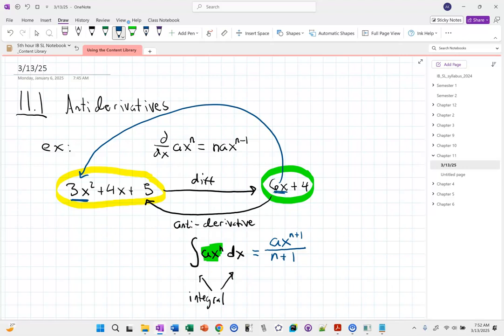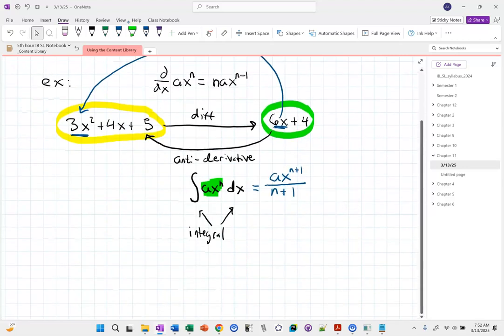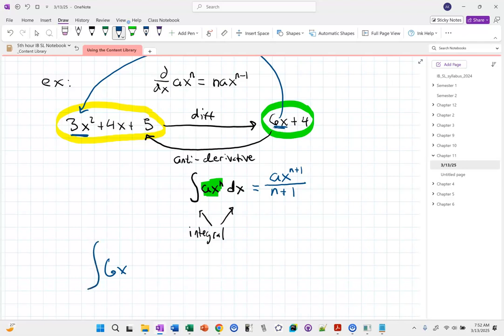So for the 6x, that'll be 6x to the 1 plus 1 over 1 plus 1, or 6x squared over 2, or 3x squared, which is exactly what we want.